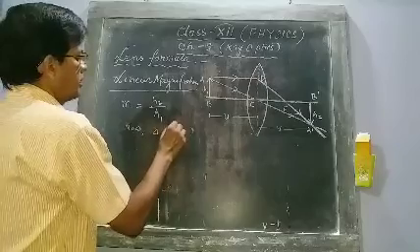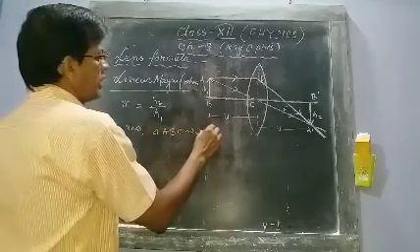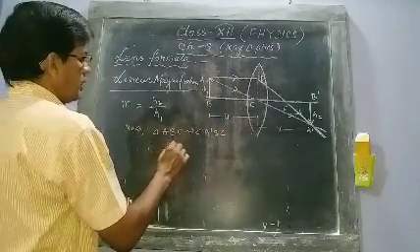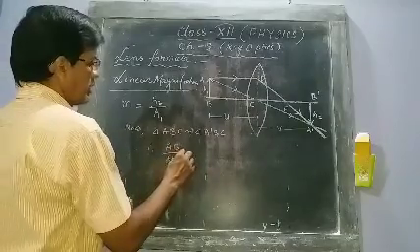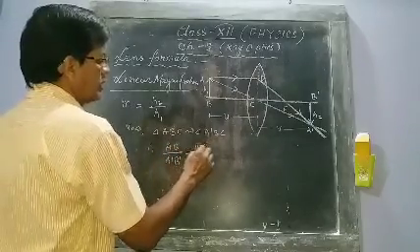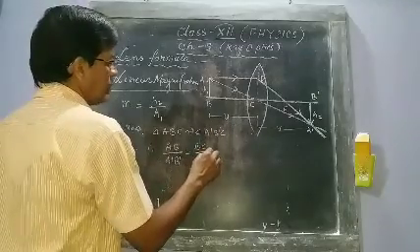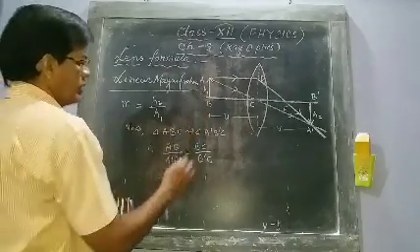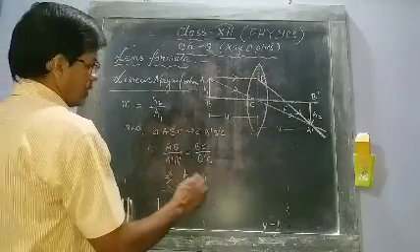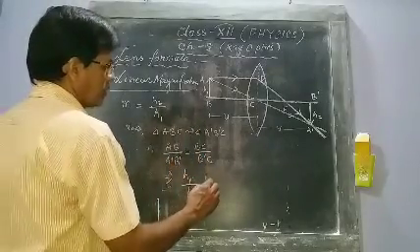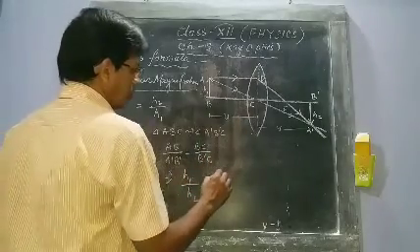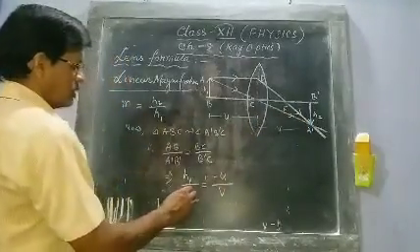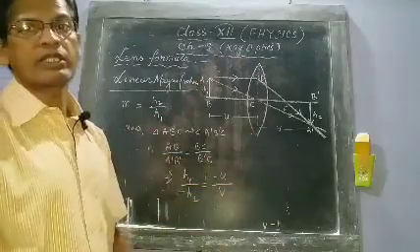Triangle ABC is similar to triangle A dash B dash C. So AB by A dash B dash equals BC by B dash C. AB is H1, A dash B dash is H2, BC is minus U, B dash C is V, and A dash B dash is minus H2, because according to sign convention below the principal axis is taken as negative.